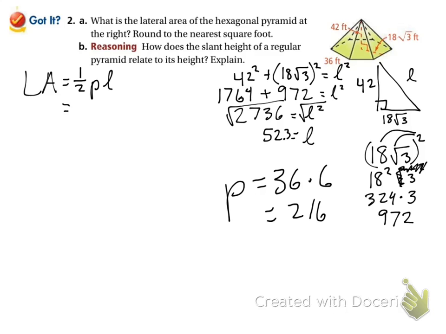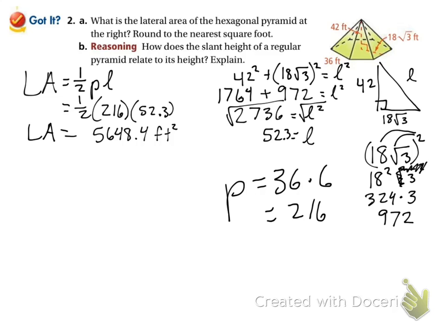Now I can plug in over here. 1/2 times 216 times 52.3 gives me 5,648.4. We are working in feet, so feet squared. And they just wanted the lateral area, so I don't need to calculate the base.